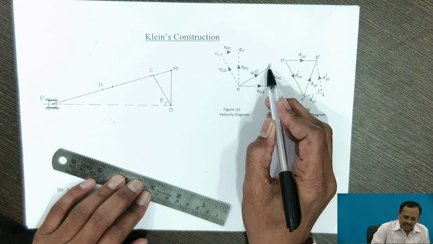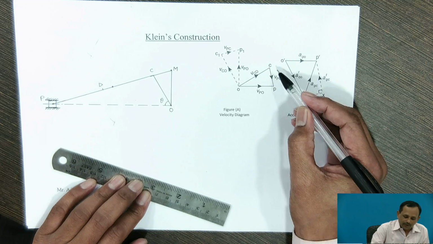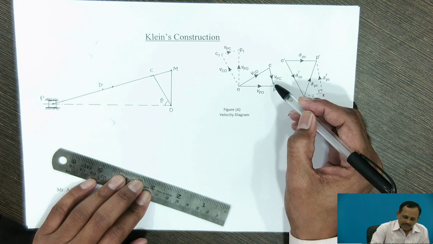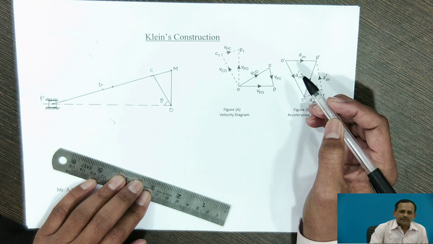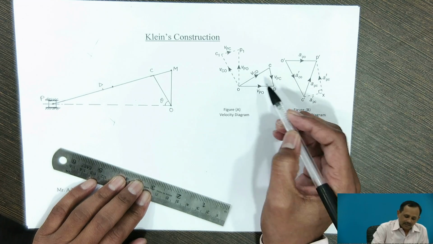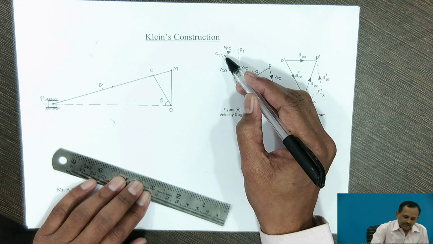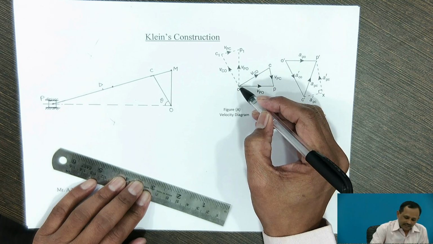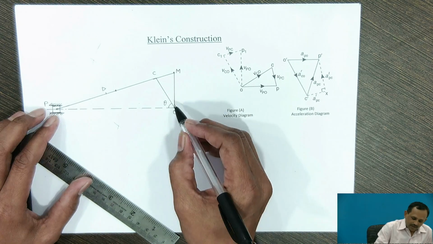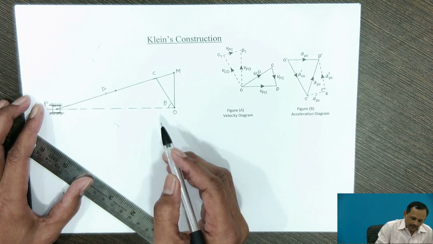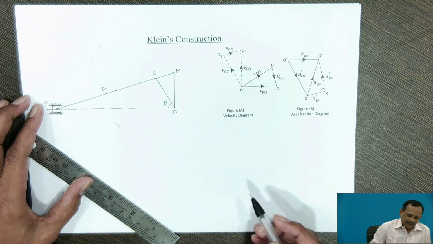Triangle OPC is the velocity triangle where vector OP represents velocity of piston with respect to the fixed point, vector CP represents velocity of P with respect to C, and vector OC represents velocity of C with respect to O. When this velocity triangle is revolved through 90 degrees in the anticlockwise direction, the triangle will be OC1P1. This triangle OC1P1 is similar to triangle OCM, where OM is perpendicular to line OP, CM may be regarded as parallel to PC, and OC may be regarded as parallel to OC.